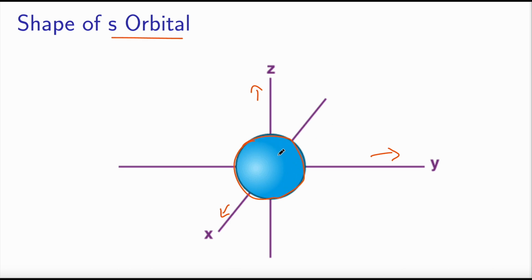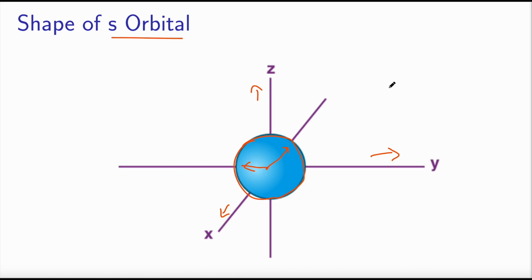The probability of finding the electron does not depend on direction. It depends only on the distance from the origin.